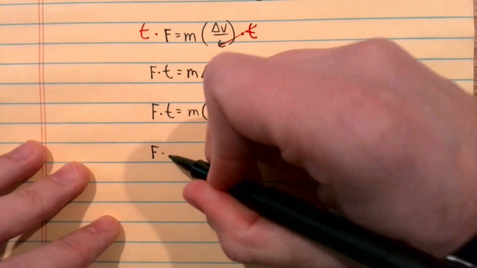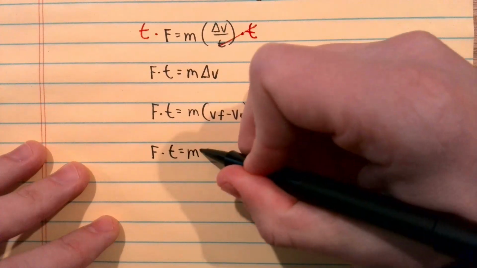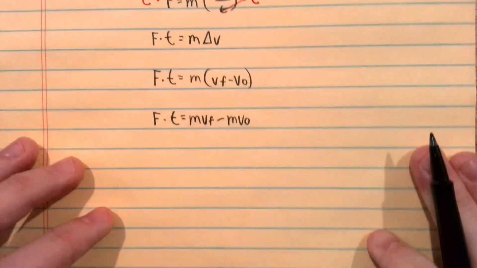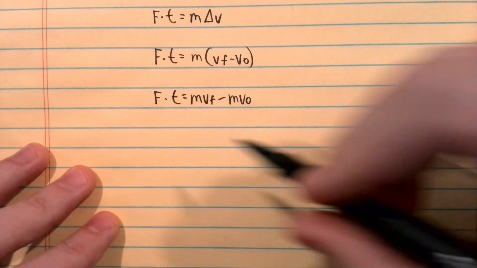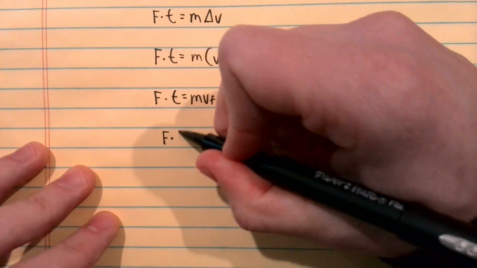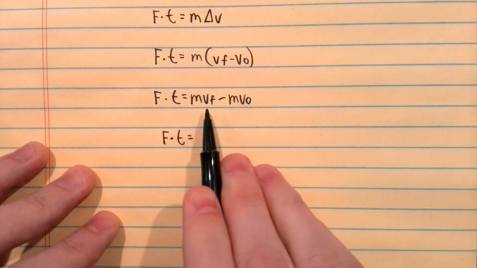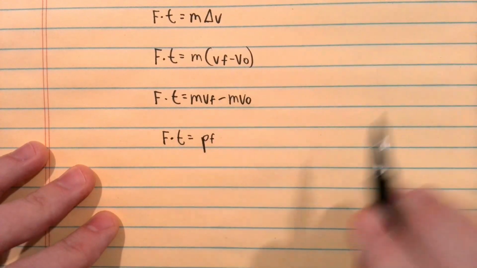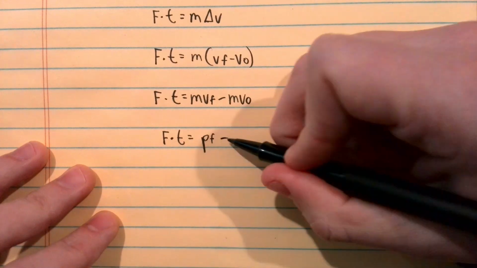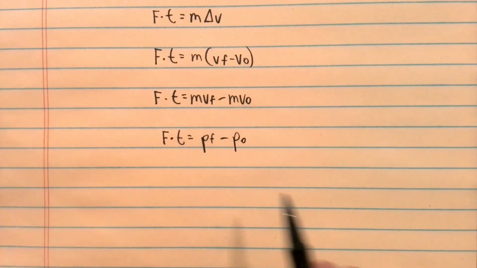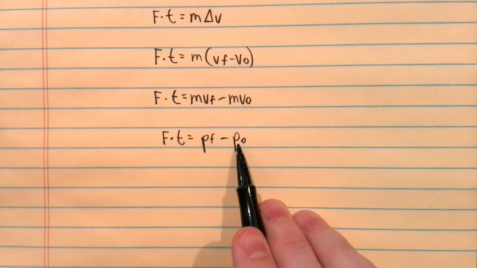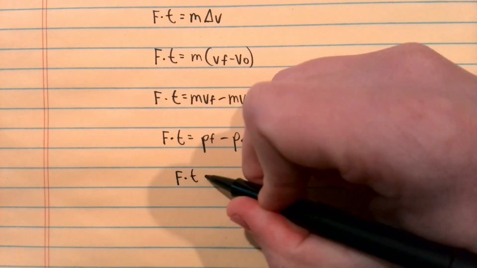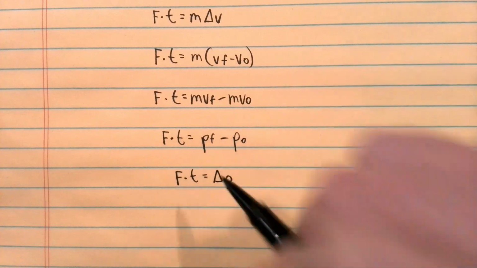I'll try that. mvf minus mvo. Maybe you can see what's going to happen here, maybe not. We're just playing. What's another way to write this? Well, this is the final momentum of the object. And this is the initial momentum of the object. And there it is. pf minus po is delta p.